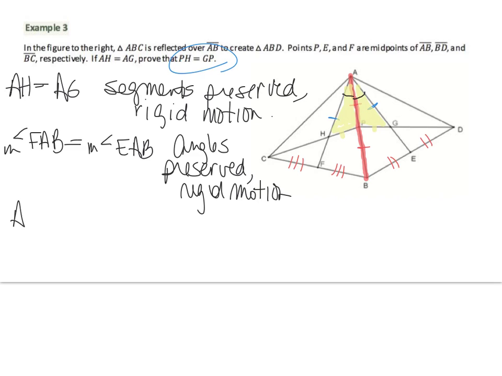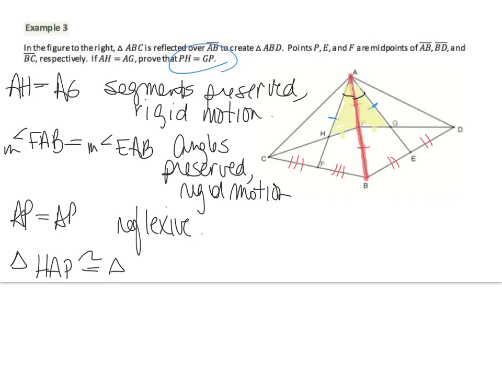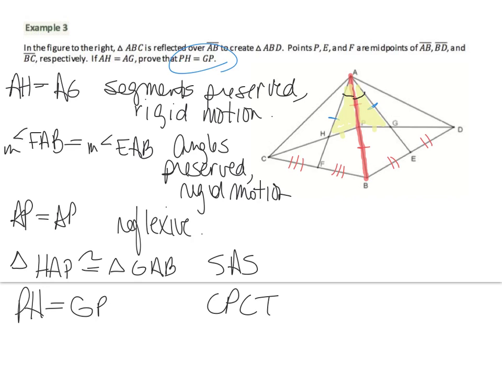AP is equal to AP because of the reflexive property. So now we have triangle HAP is congruent to triangle GAP because of side angle side. So now we've got the end. PH is equal to GP, CPCTC. Awesome. And that's it. We're done with the lesson. Good work, guys.